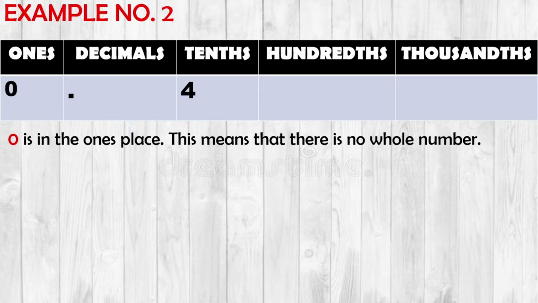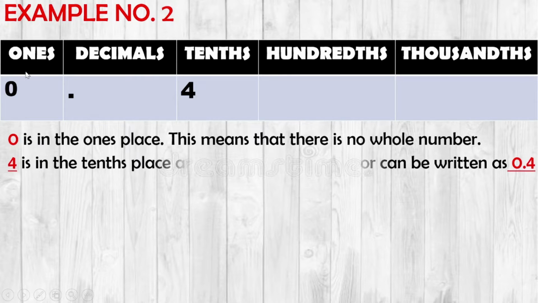This means that there is no whole number. There is no whole number because 0 is what is in the ones. Then, 4 is in the tenths place and the value is 4/10 or can be written as 0.4.